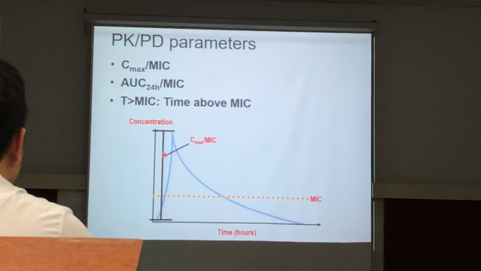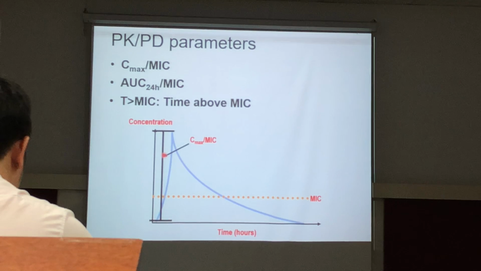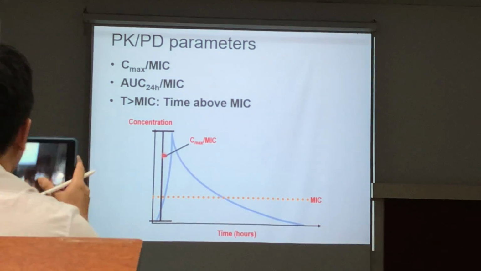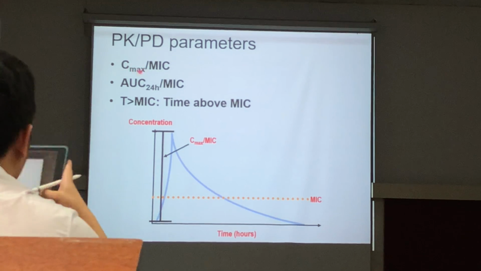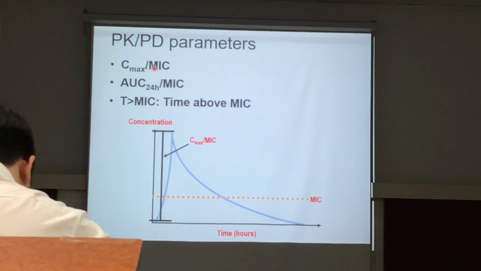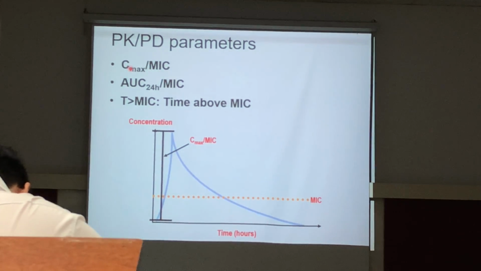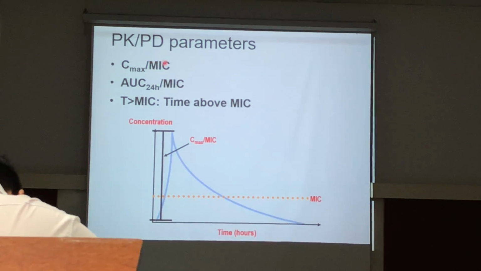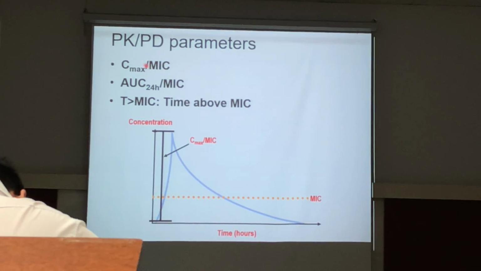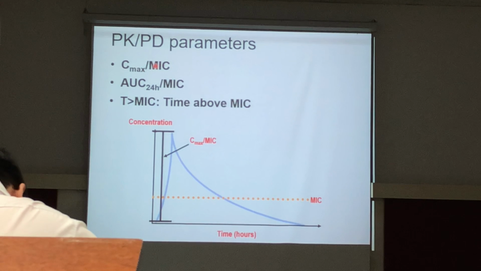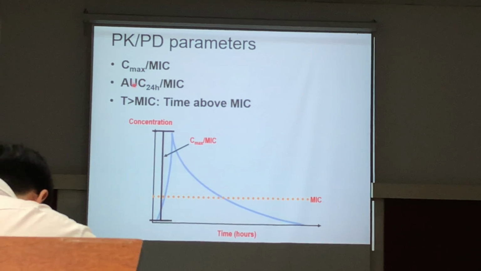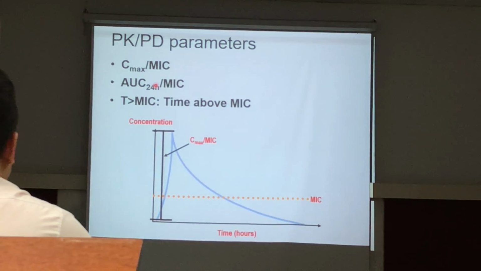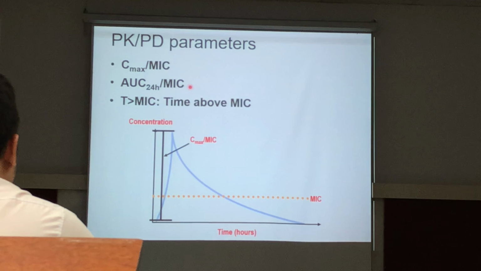This is what is important for the concentration-dependent drug. And of course, the PK parameter that is important is Cmax over MIC. Cmax is a PK parameter, MIC is a PD parameter, so we call it a PK-PD surrogate. Then, concentration and time dependent: the PK parameter is the AUC in 24 hours, the PD parameter is the MIC.